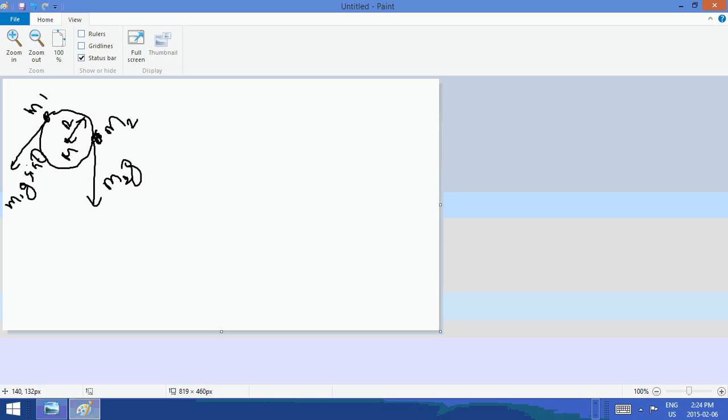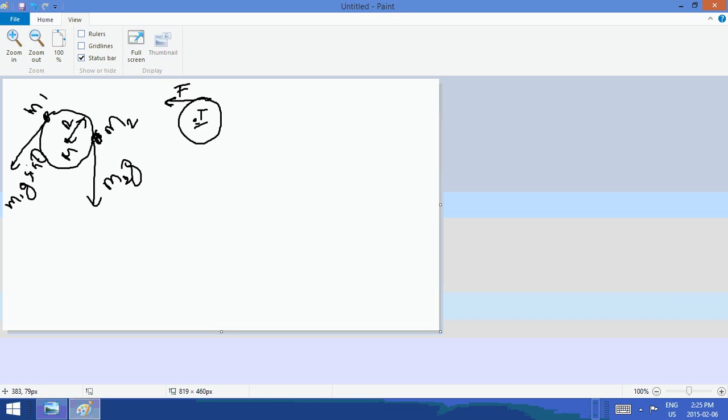Okay, so to calculate the system, we need to find what is the total force F acting on it this way, and what is the inertia I of the whole system of mass m1, m2, and m.